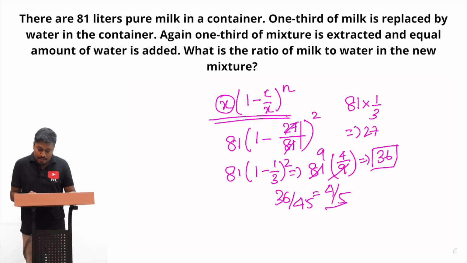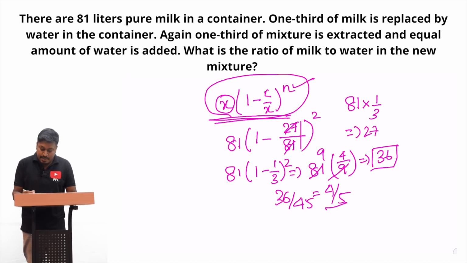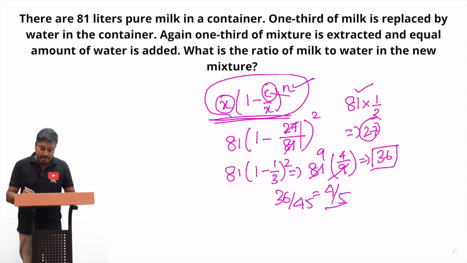So friends, understood or not? This is one of the important formulas. n will be the number of times the process has been repeated, and c will be how much part of the milk has been taken initially. Out of this 81, 1 by 3 part of the milk is taken and water is added, so we found 27. Substitute 27 for c here, and x will be the total capacity of the tank, which is 81.